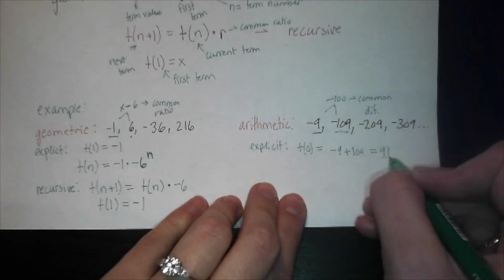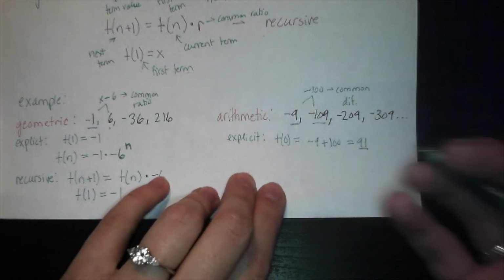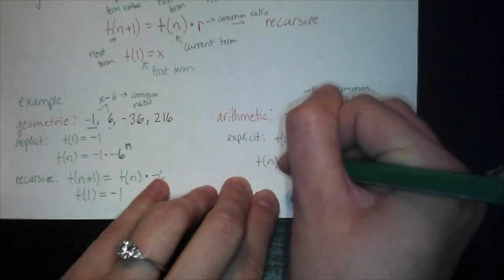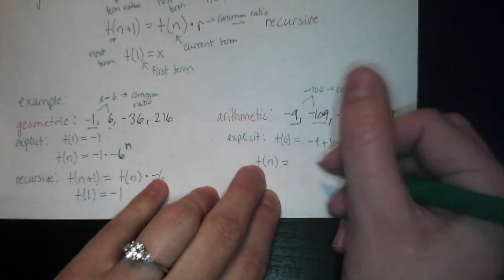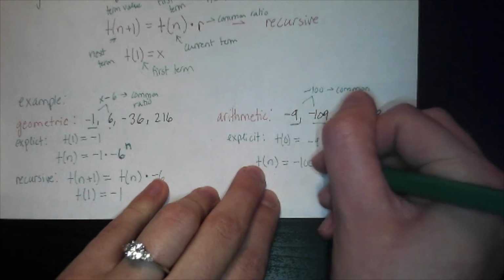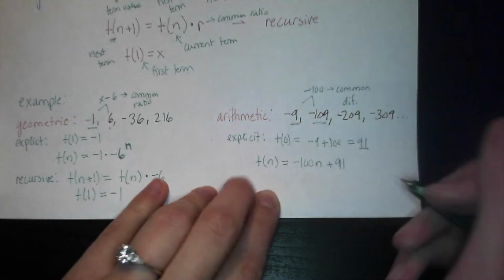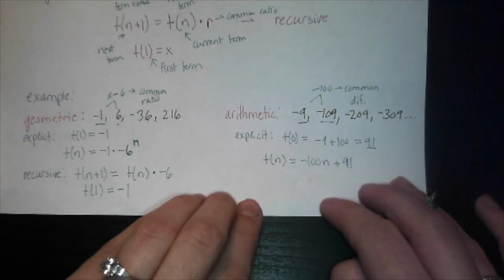So -9 plus 100 gives us +91. And now that we know our 0 term, we can actually write our explicit equation. So we do t of n equals our common difference, which is -100, times n plus 91, which is our 0 term.